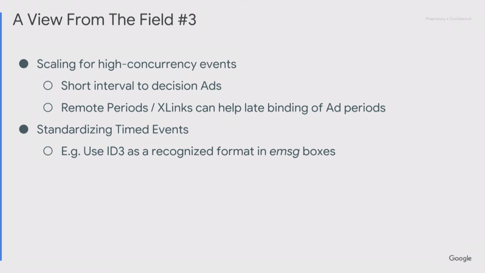Basically, what we're trying to do here is buy ourselves more time to decision the ads, because if we flatten the load out a bit, you actually see much better ad decisioning. You can see a much better fill rate. So it's not just enough to deliver the concurrency, you actually have to improve your fill rates in order for monetization to work. And we think remote periods / Xlinks could help a lot with that.